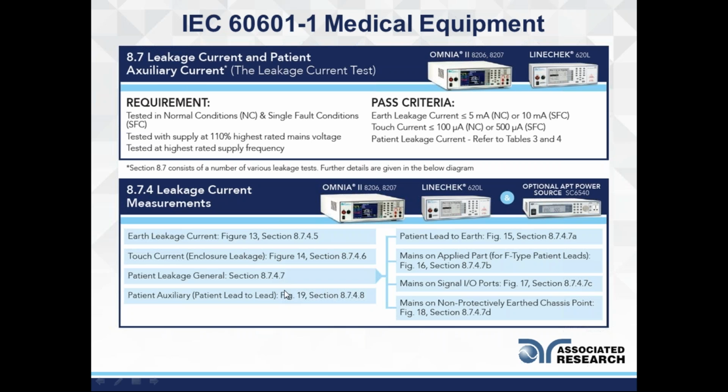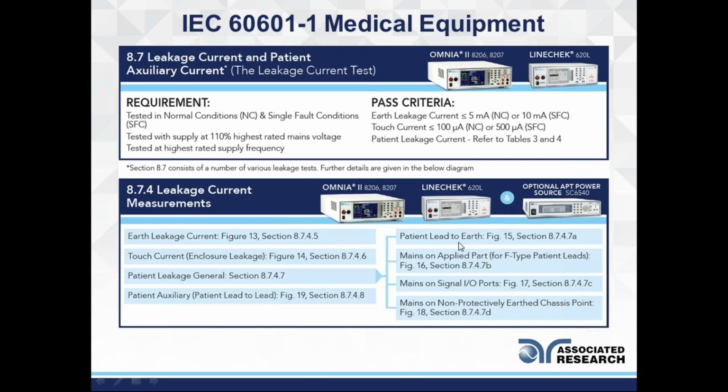Now, within leakage current, we've talked about earth leakage, which Saya did a good job covering in touch current testing 101. But what we're going to delve into a little bit deeper with this webinar is our patient leakage.